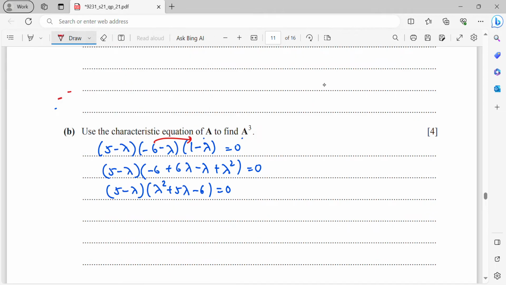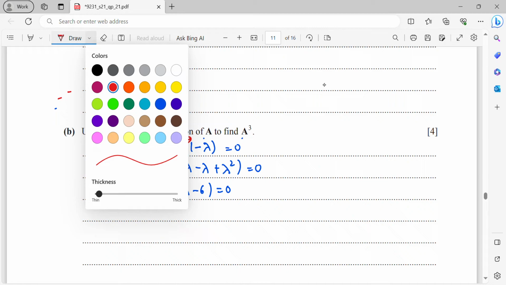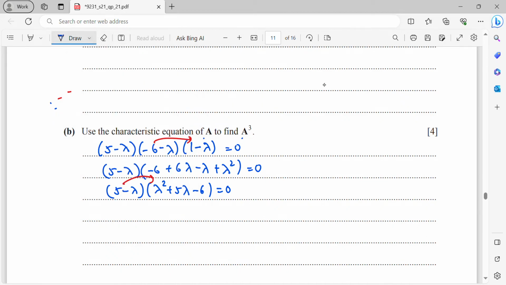And now further expand. Then you will be getting 5 lambda squared plus 25 lambda minus 30, and then minus lambda multiplied to the whole bracket. It will be minus lambda cubed minus 5 lambda squared plus 6 lambda equals to 0.